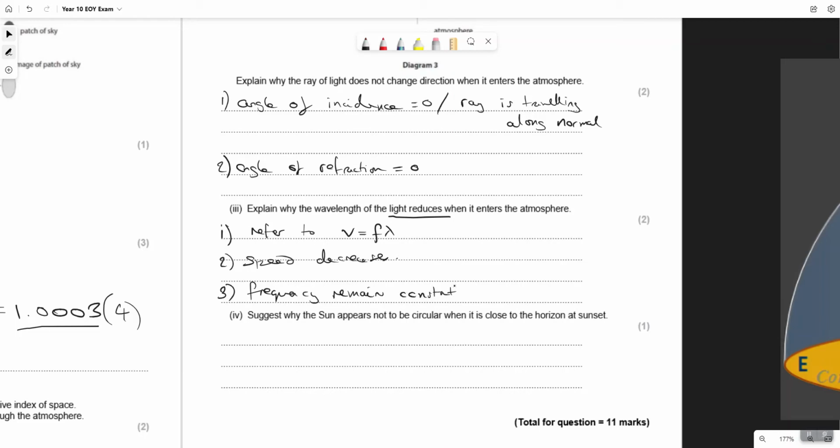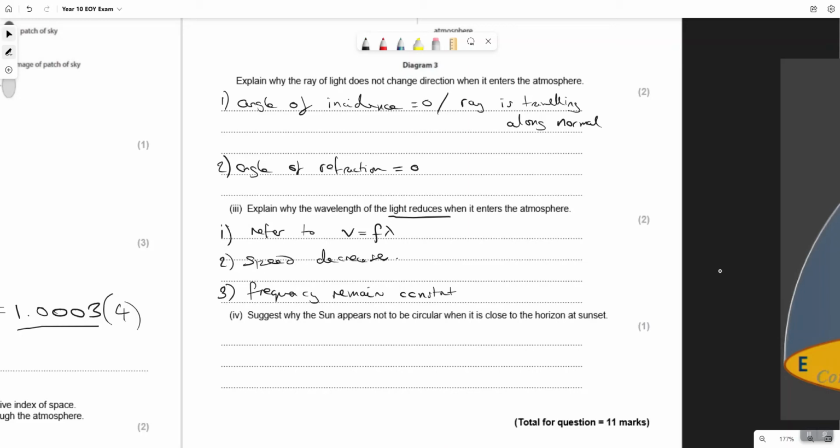When things move into somewhere where they slow down, frequency is a thing that stays the same. So if the speed goes down, the wavelength must go down because frequency is the thing that remains constant. So any of these 3 points: a reference to the v equals f lambda equation, saying the speed goes down, and the frequency remains constant. Any 2 of those get the 2 marks.